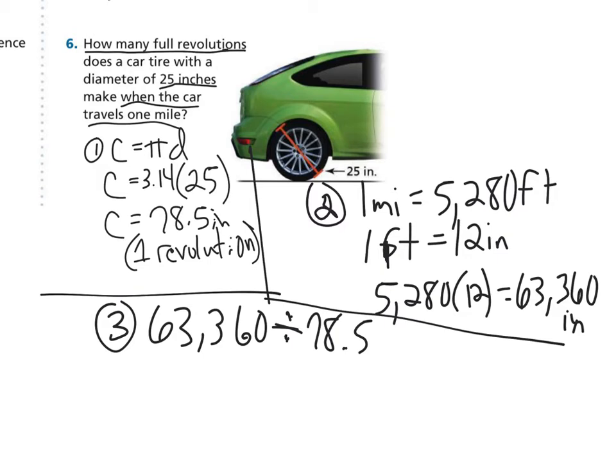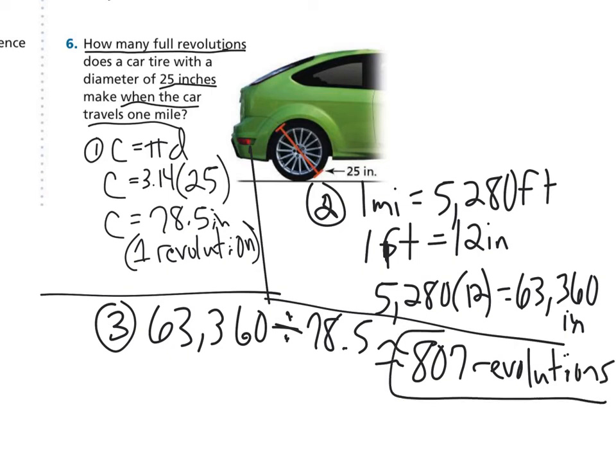So if you try to multiply or add, that's not going to work because we need our answer to be smaller than the number of inches in a mile. Okay, so we divide that out. So this roughly comes out to 807 revolutions. It's not exact. With your calculators, you could actually get that as a mixed number answer, but this is pretty close, probably close enough for what we're doing here. 807 revolutions.